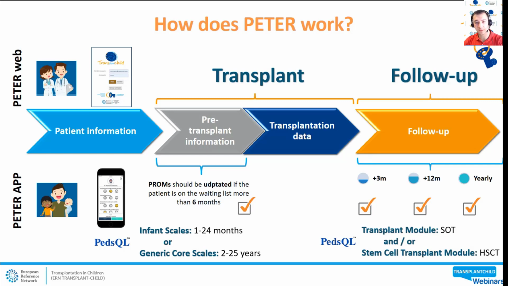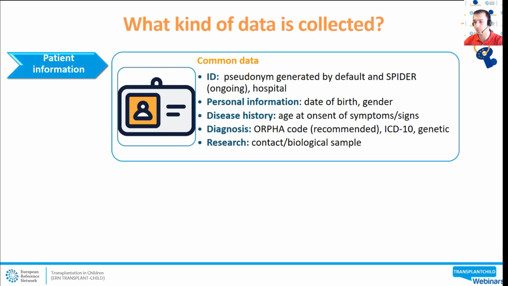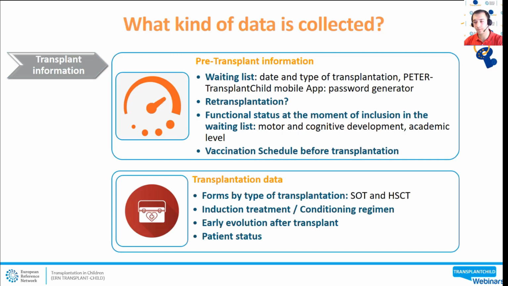So in each of these steps, different information is collected. Regarding the patient information, it basically contains the basic data for the patient, such as the ID and other personal information. During the transplant information, waiting list information is recorded, as well as information regarding the transplantation procedure itself.